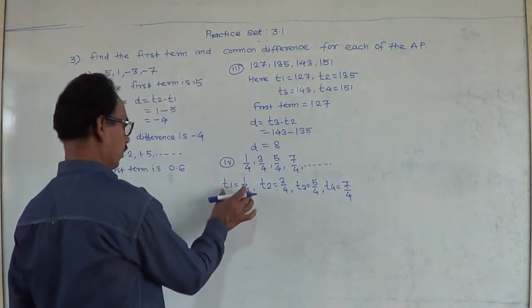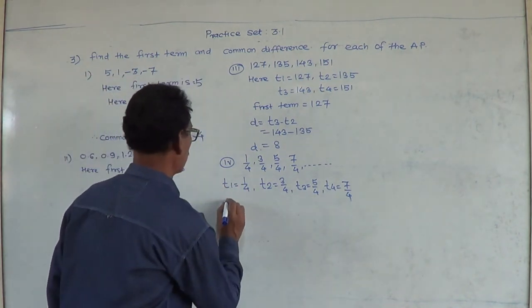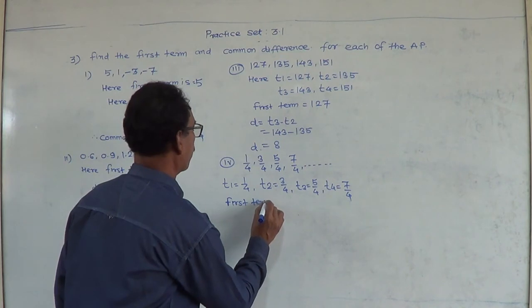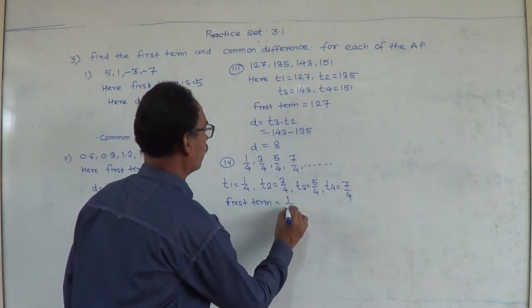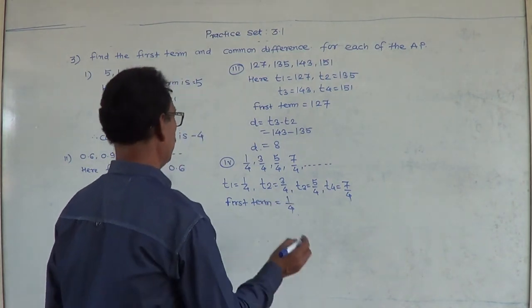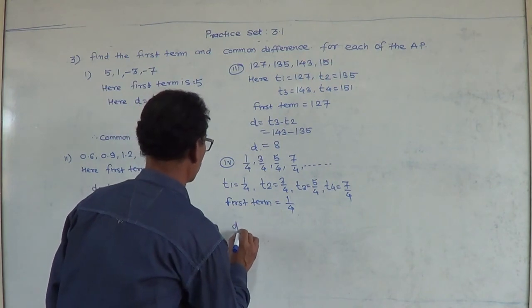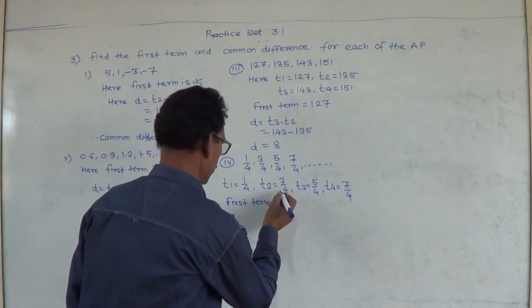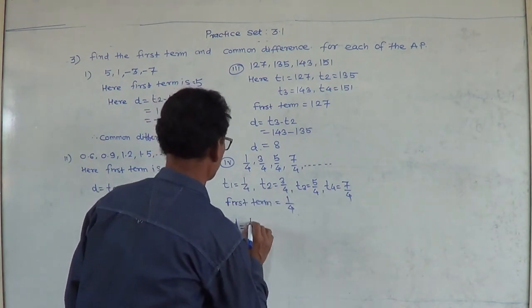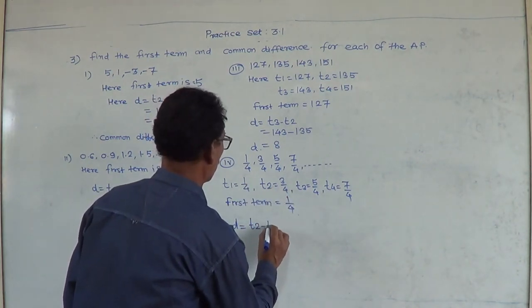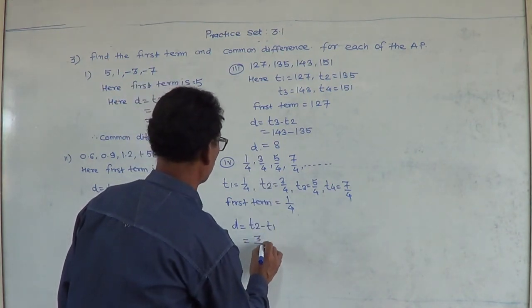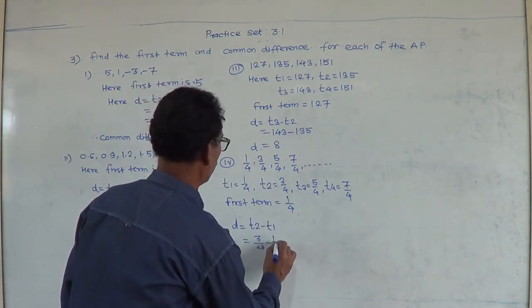Now this is our first term, that is T1. So here we can write first term is 1 upon 4, and the value of d, that is common difference, d is equal to, we will take T2 minus T1, which will be equal to 3 by 4 minus 1 by 4.